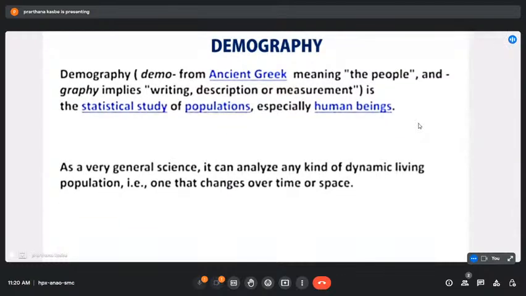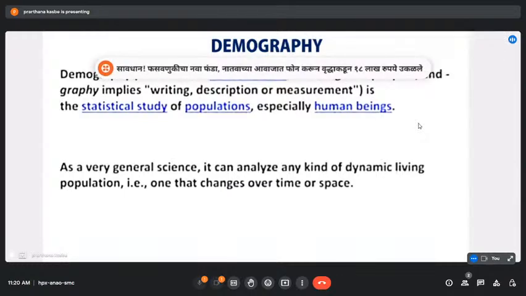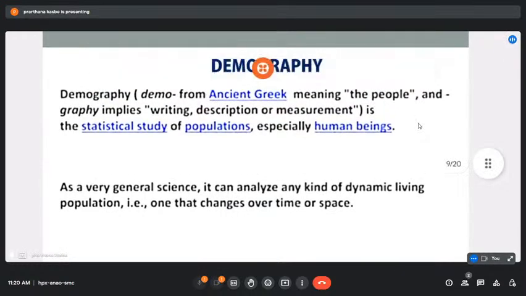So demography is an ancient word, and demo means people in ancient Greek, and graphy implies writing, description, and measurement. So demography means the statistical study of population, especially human beings.